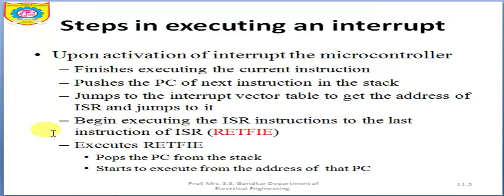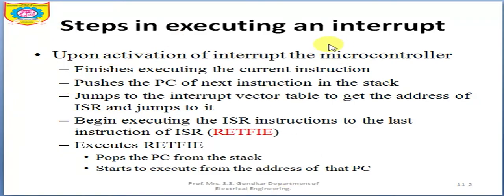At the last instruction of the ISR, that is RETFIE, it executes RETFIE, and then it has to pop the PC from the stack. It has to start to execute from the address in that PC.